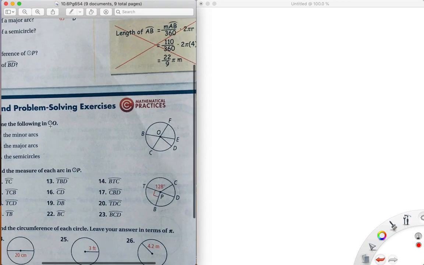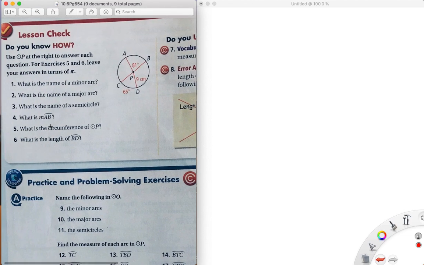So let's do these last few problems and then we will be done for today. For number 1 here we have this circle. They want us to find the name of a major arc.